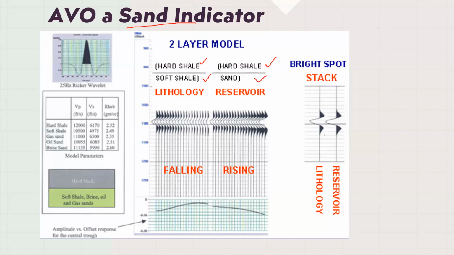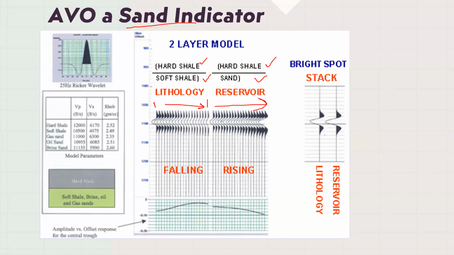In both cases, when we run both models and look at the AVO response, over here you can see this is your near offset, then it goes to the far, in this way, and in that way also it goes like that.